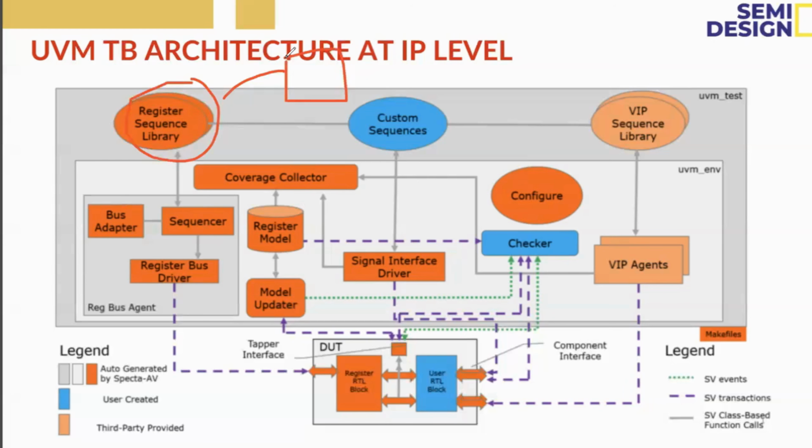Once we go in depth into the concept, there we will understand what is meant by register map, how the sequences will be generated using the register map, and what the adapter methods are. Here it is converting register sequence to bus sequence and bus sequence back to register sequence, so it will have some methods.